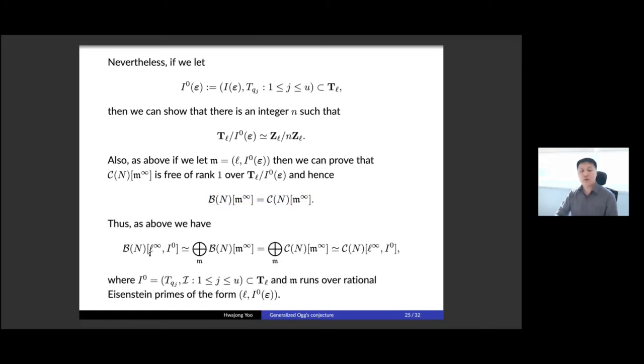So as above, we can factor this module annihilated by this I_0, where I_0 is generated by the usual I and this T_{Q_j}, which we add. And then this decomposes into the signs as before, like in Ohta's case. And these two are equal by this argument. And therefore, we obtain this one equal to this.